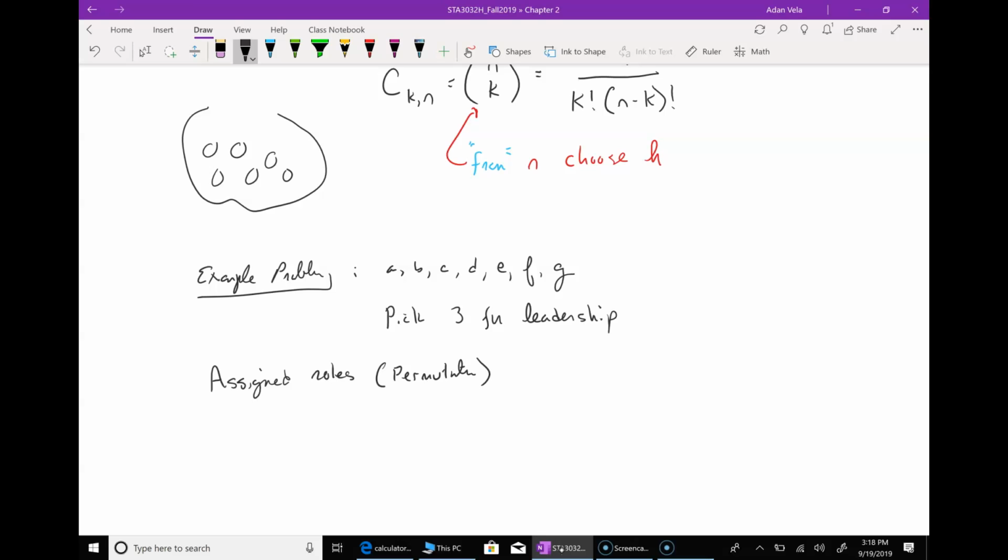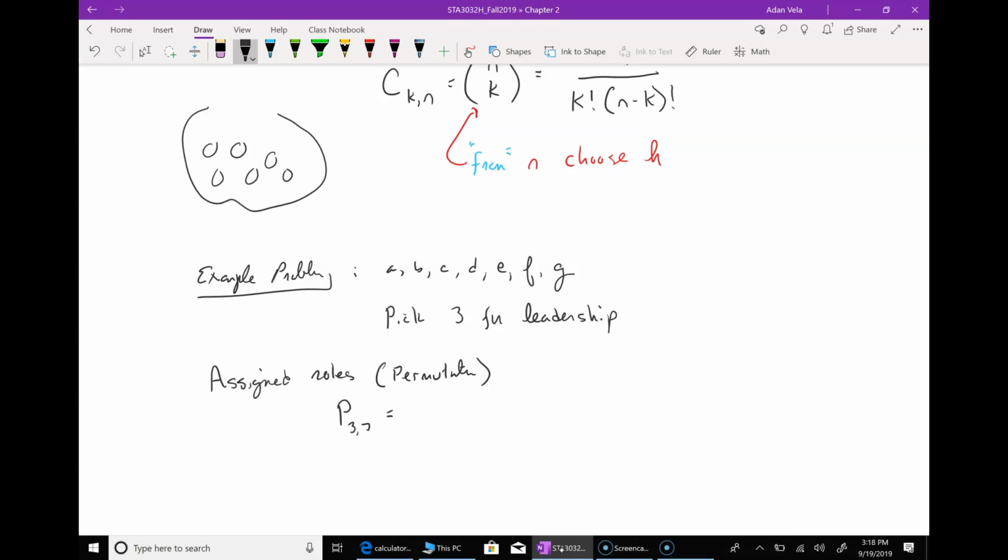And so the number of permutations we could have, let's say again, 3 roles out of 7 students would be P3, 7.